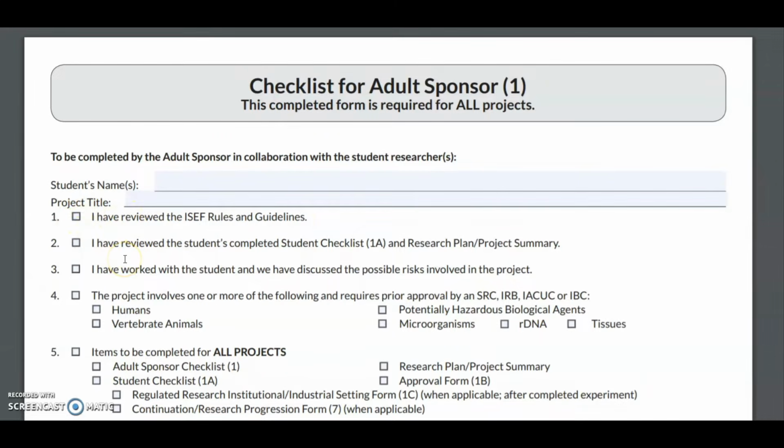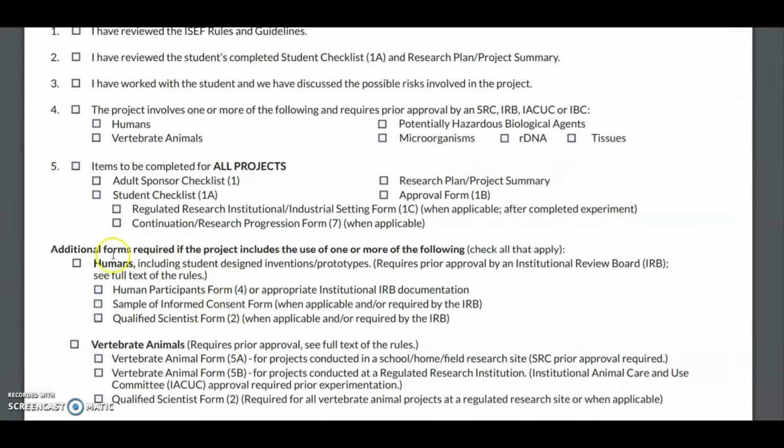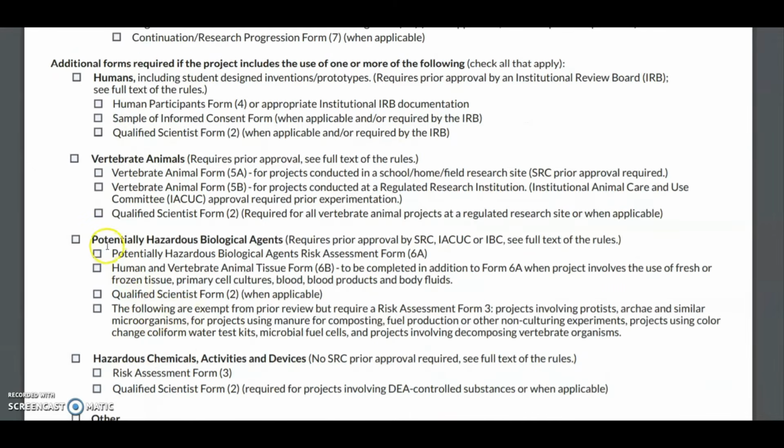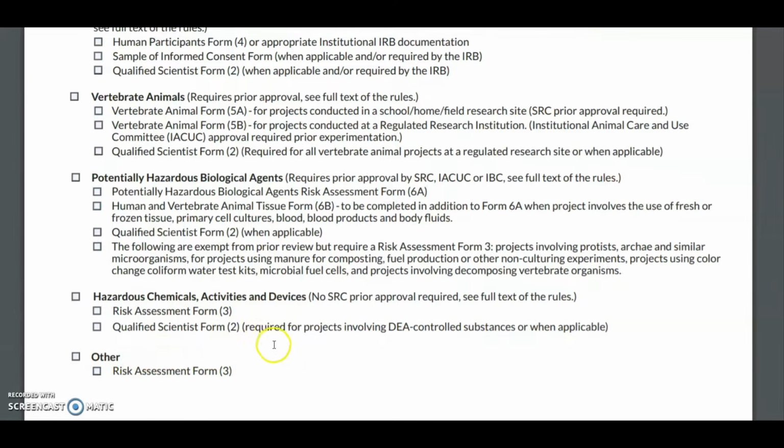In addition, you're going to check all that apply to the additional forms required if the project includes the use of one or more of the following, such as humans, vertebrate animals, potentially hazardous biological agents, hazardous chemical activities, devices, and others. So you have to check all of those.